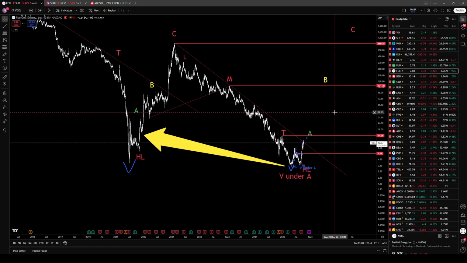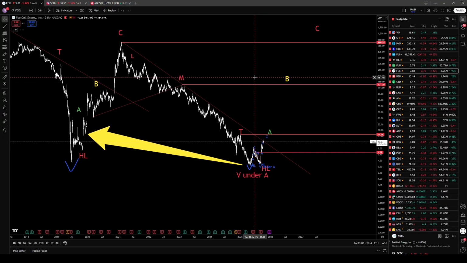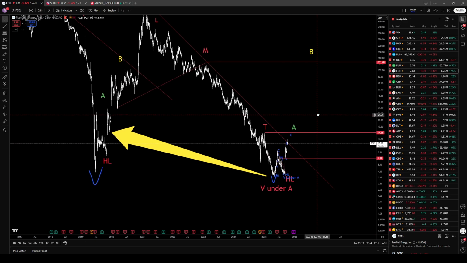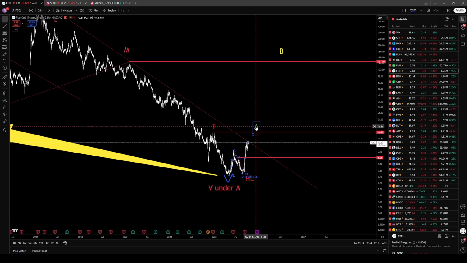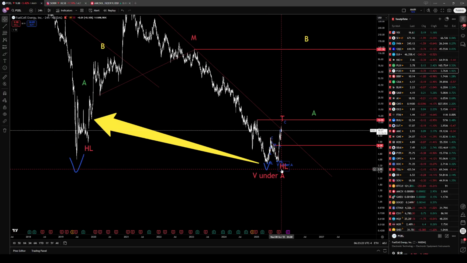For an alternative right now, I really have to say I don't have one right now. To say that this was your T isn't really looking right.